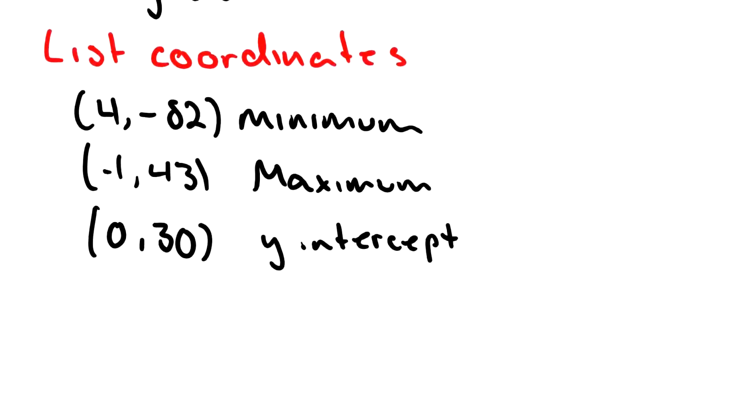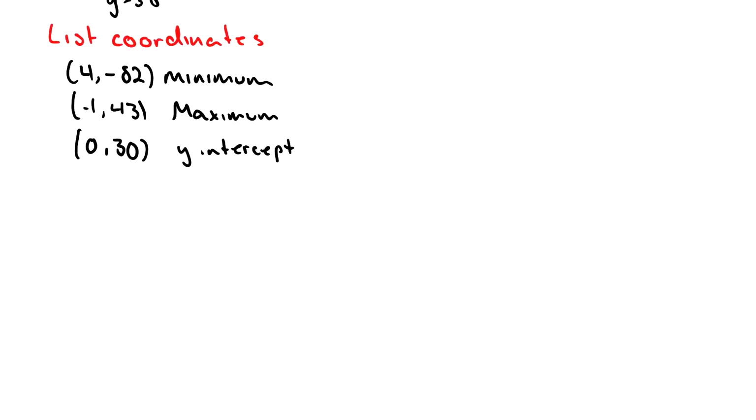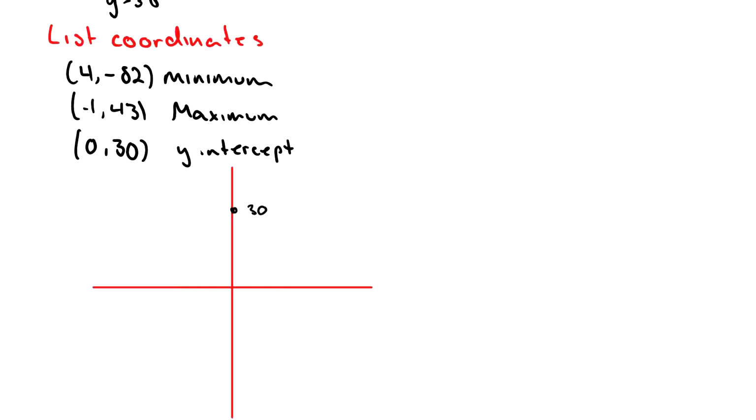Alright, so now we can whip up a sketch for this. So I want to start putting values in, so let's say about here, that can be 30. Over here we had something like our 43. And then finally way down here, we had our 4, minus 82.